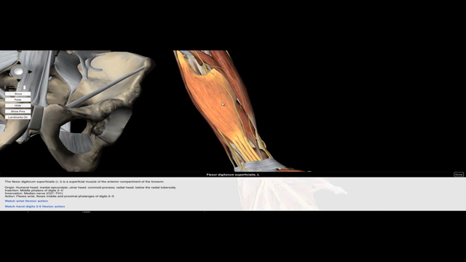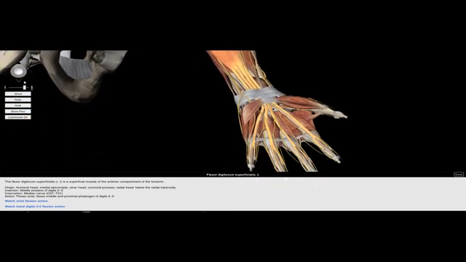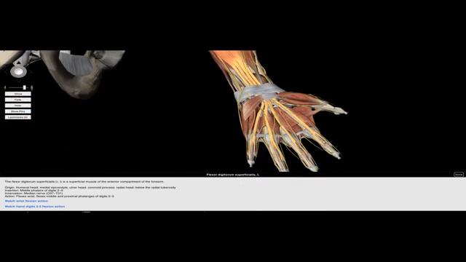And it inserts into the middle phalanx of the second through the fifth. So we can see that it divides into 4 tendons that have a common attachment, and we're going to come back and visit this unique attachment as we look at the fingers and start to appreciate how complex the finger flexor and extensor mechanism is.